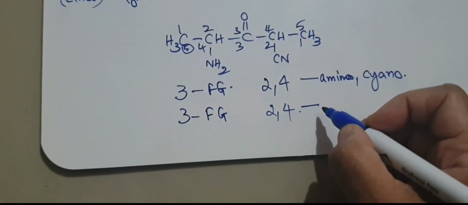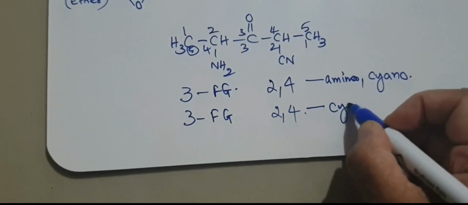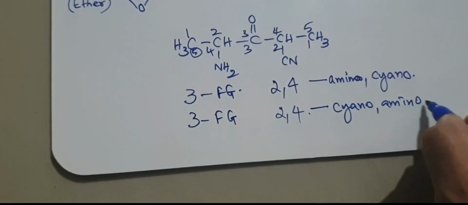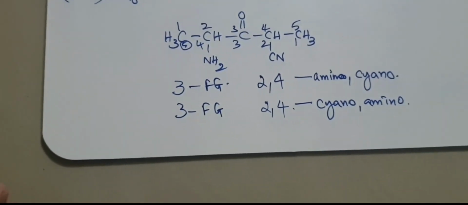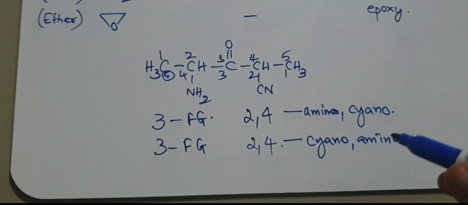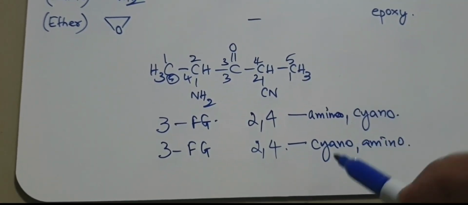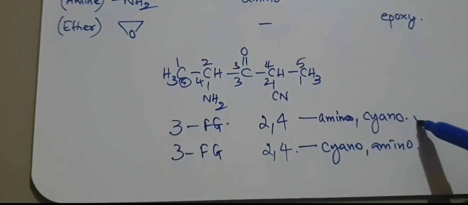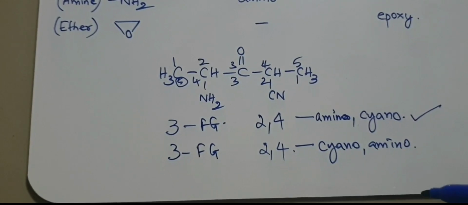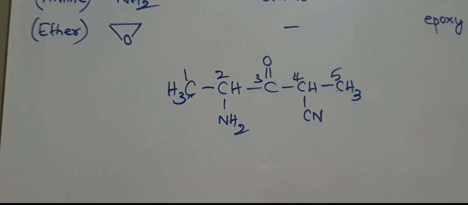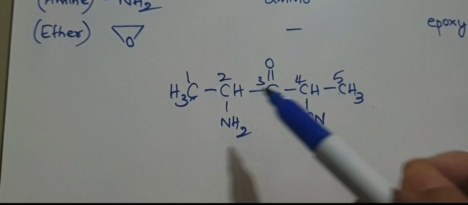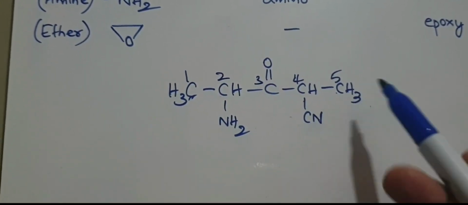Whereas if you number from the right, you are getting 2 as cyano and 4 as amino. So now which one will you prefer? You have to go for the alphabetical order, and according to that, this is the correct one. So we are going to take the numbering from the left hand side, and I have retained only that.